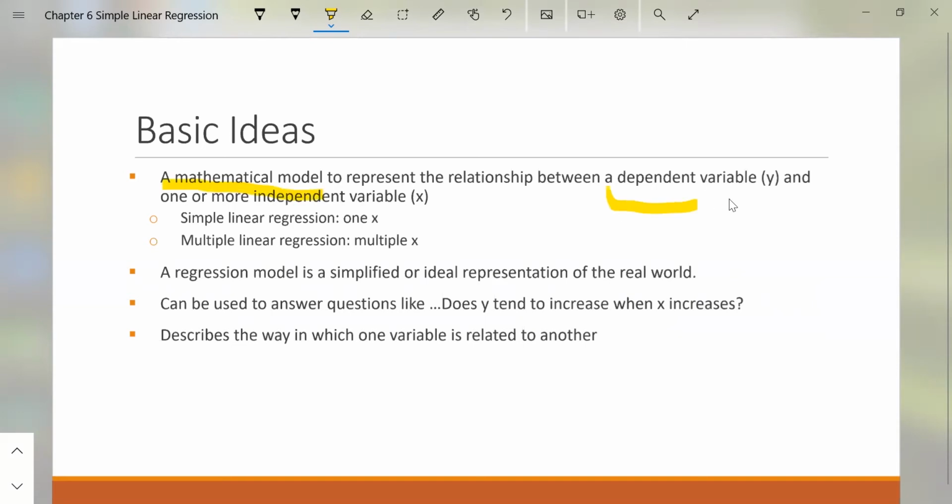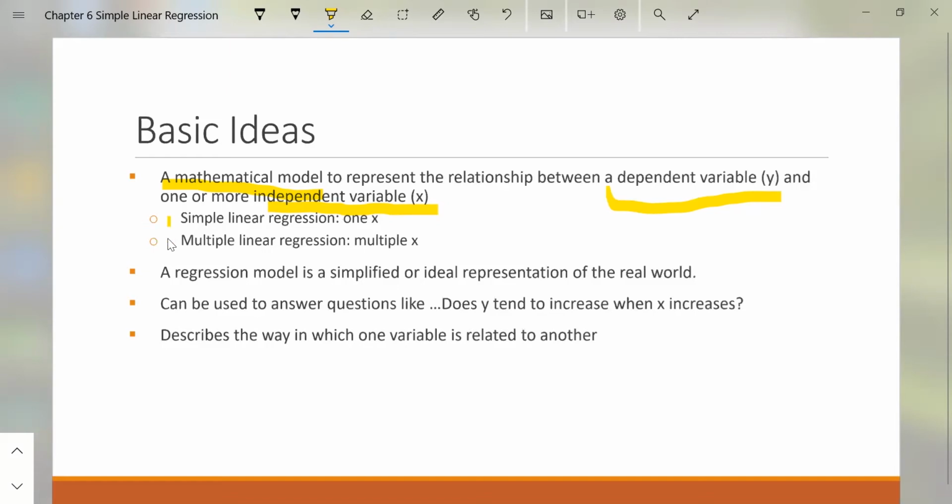We call one variable the dependent variable, labeled as y, and the other called independent variable, labeled as x. And of course, as you can tell, we would expect that the dependent variable y depends on the independent variable x. When we only consider one x, we call that the simple linear regression.